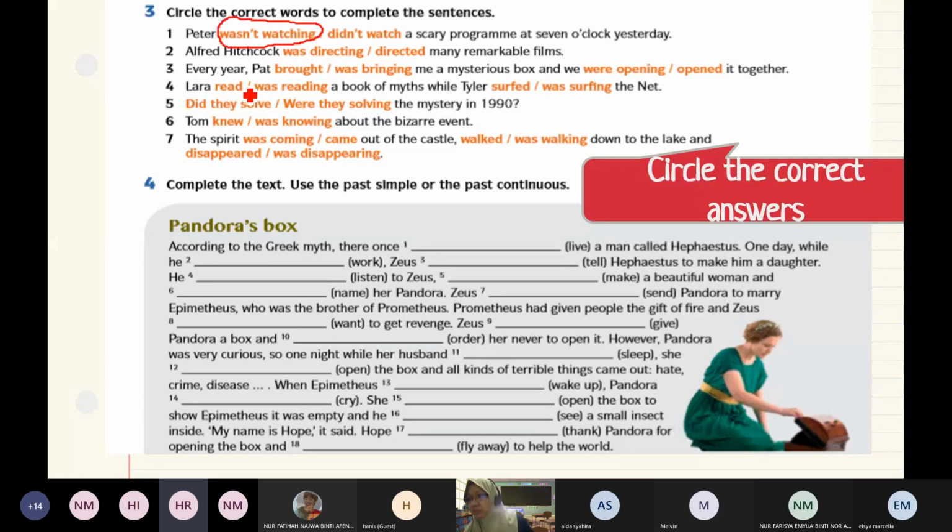Number 2, Arif Zulkifli, are you there? We move on to Atikah Ayuni, number 2.